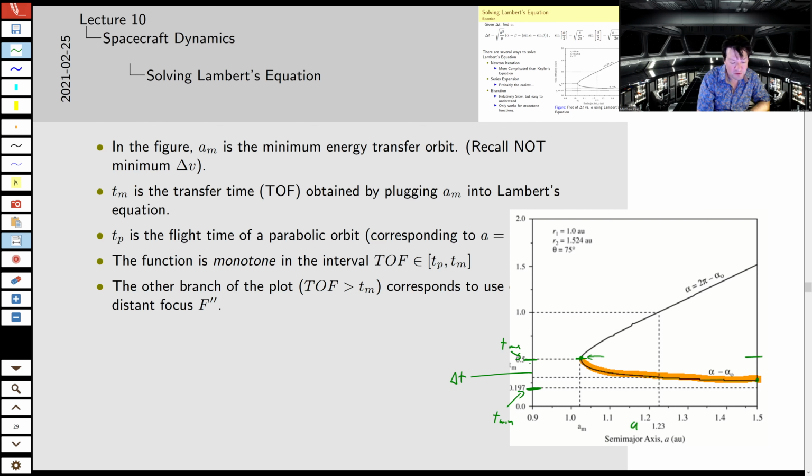And then, of course, if your delta t is greater than the delta t max, you're going to have to switch over to the other arc over here. Well, these are the same arc technically, but the other side of the arc, let's call it. So we're going to assume that we're on the bottom arc and give a method for verifying that we're on the bottom arc, and then the method that we propose is guaranteed to work.